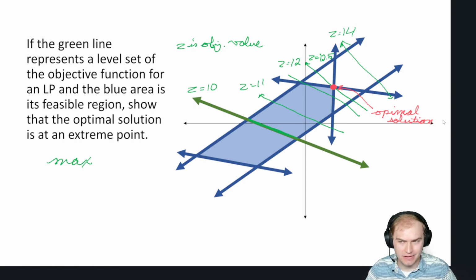Right. So that is the big question. How do we find this point without just scanning through our feasible region and assigning values to things? We'll talk about that at length in this class.